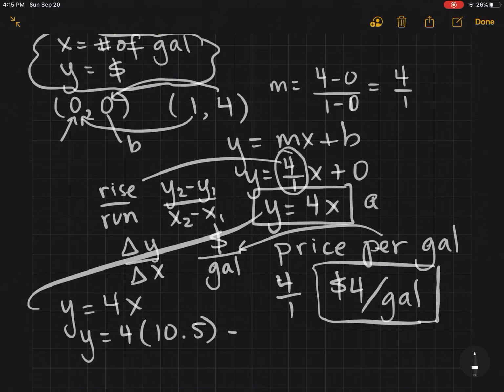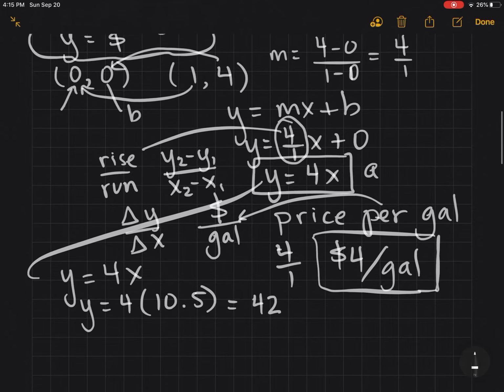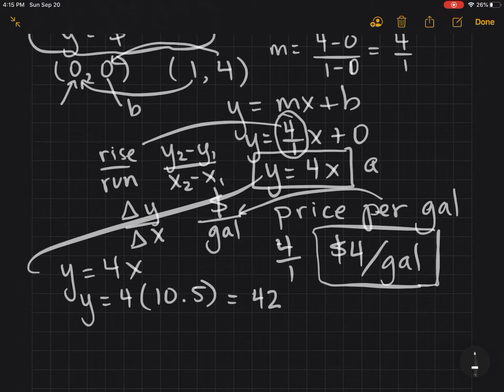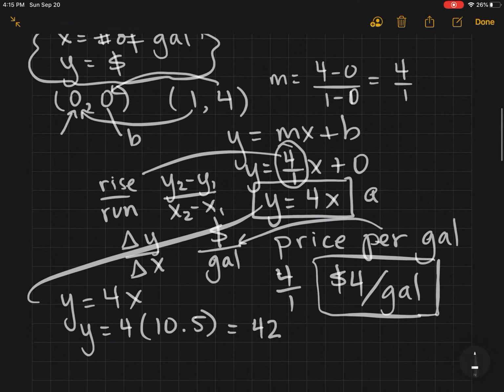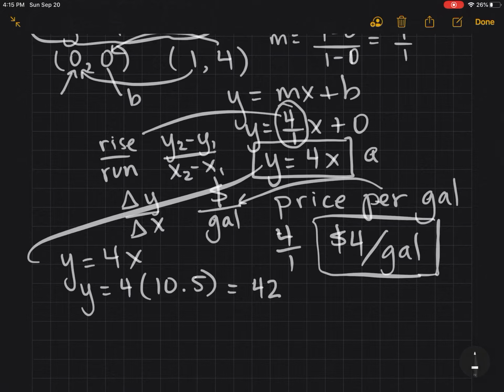Either way is fine. And we see that that is 42. Now, I will ask you to always include units when you answer. Again, y represents dollars. So my answer is going to be $42. That answers the question, how much for 10.5 gallons? Okay, so that's part B.